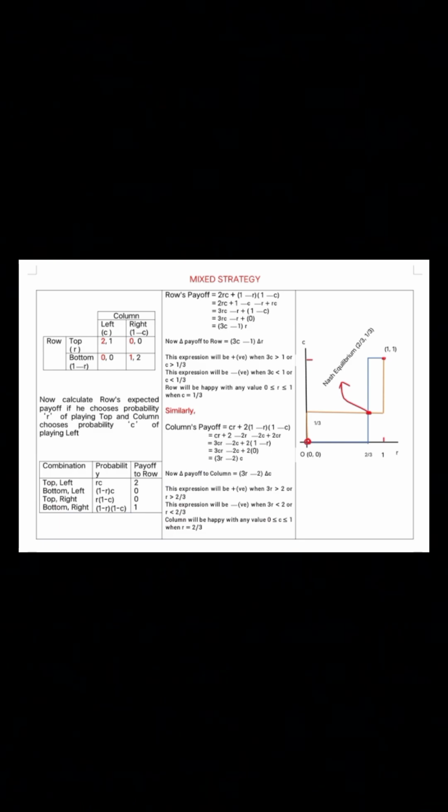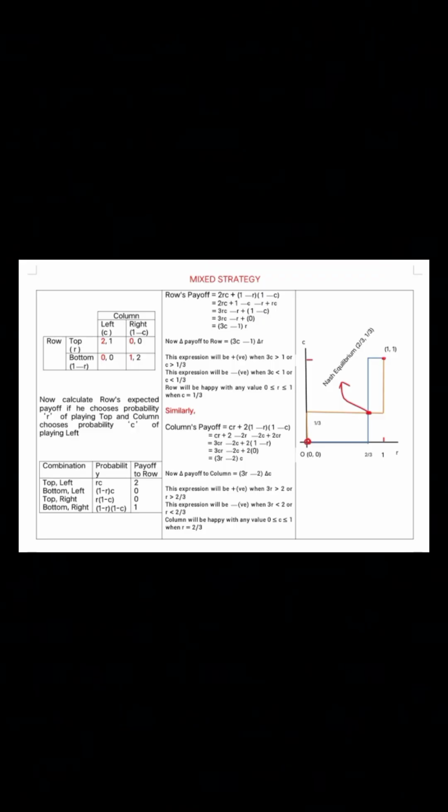Hence, it is easy to observe that these two best response curves cross in three places. That is the points 0, 0; 2 by 3, 1 by 3; and 1, 1. Out of these, the points 0, 0 and 1, 1 are two pure strategies.